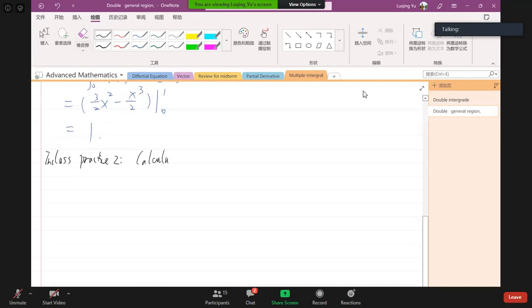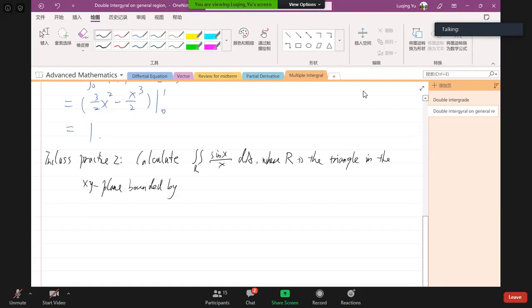Calculate the double integral of sin x over x, dA, where R is the triangle in the xy plane bounded by the x-axis, y equals x, and x equals 1.